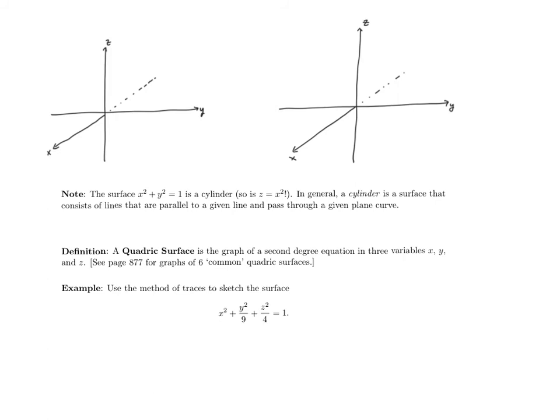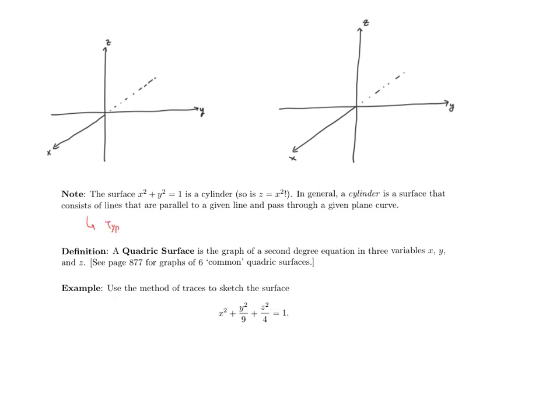But in general, a cylinder is a surface that consists of lines that are parallel to a given line and pass through a given plane curve. And we don't need to worry too much about this definition. Let me just note that in general, we will recognize a cylinder when a variable is not present.